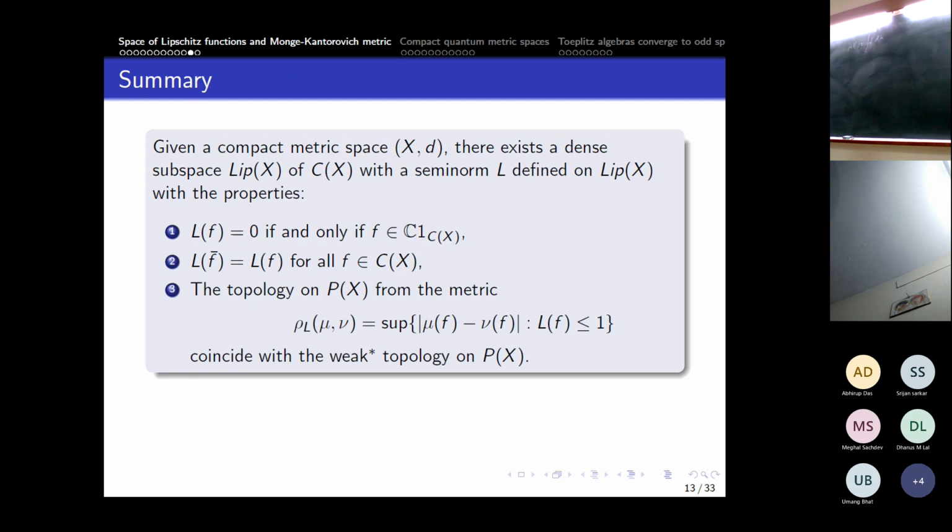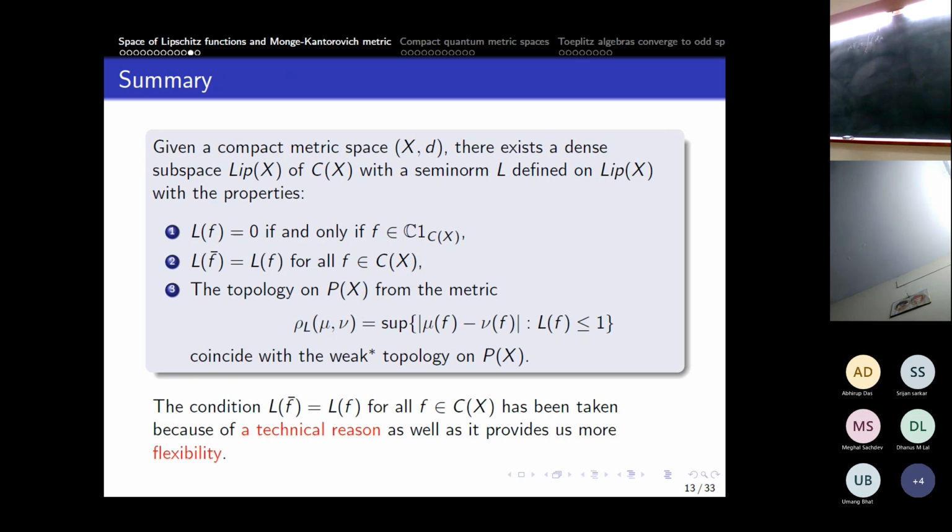The topology generated by this coincides with the weak star topology. So this we have proved till now. The second condition, as I said, I have not used anywhere before. But we are taking it because of some technical reason, which I'll mention when we come to the compact quantum metric space. And it will give us flexibility also.